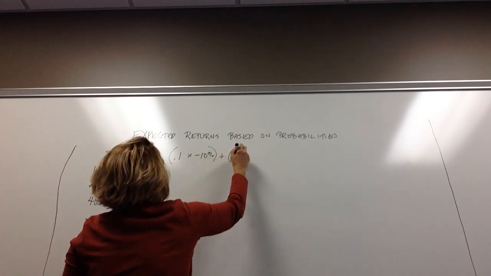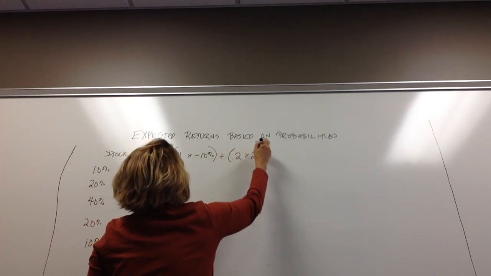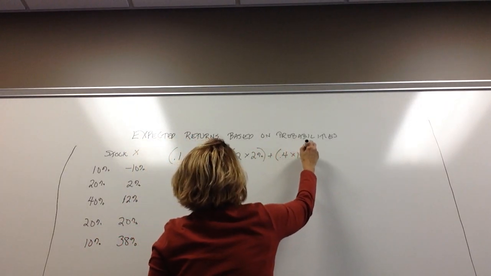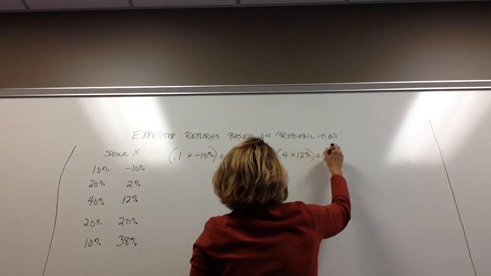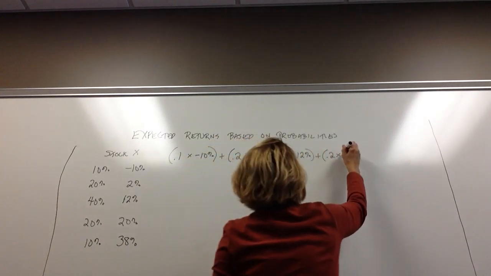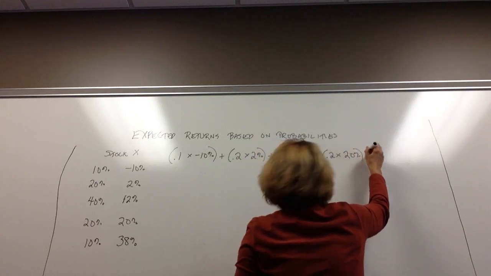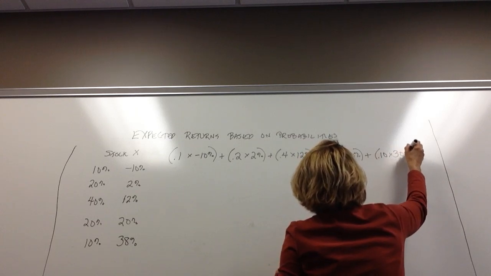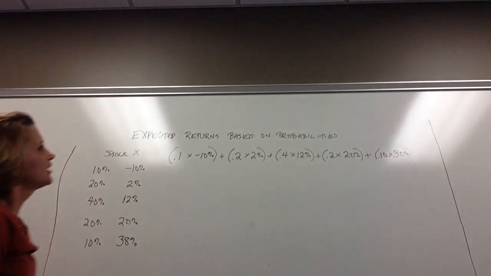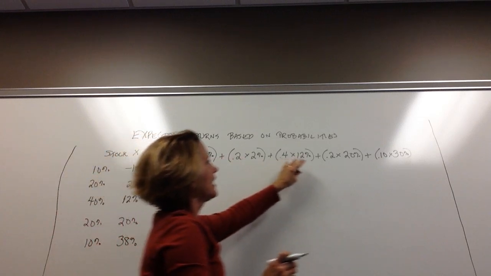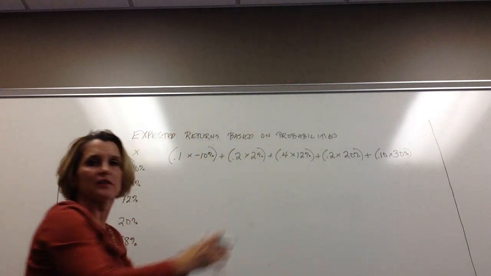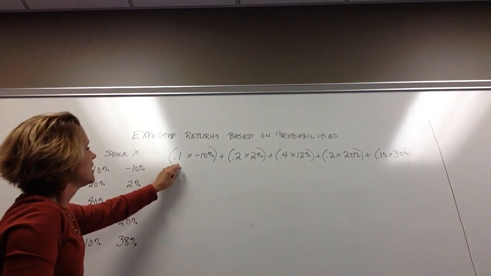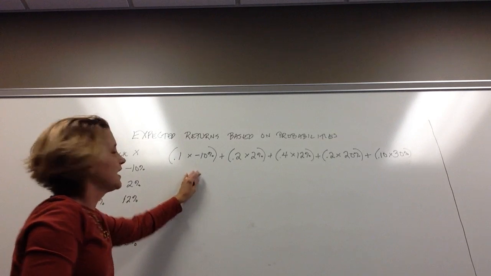Then there's a 0.2 chance that I'm going to make 2%, a 0.4 chance that I'm going to make 12%, a 0.2 chance that I'm going to make 20%, and a 0.1 chance that I'm going to make 38%. Each line item in that table is a separate mathematical computation. We do them individually and then add them together. Just make sure you pay attention to your negatives.